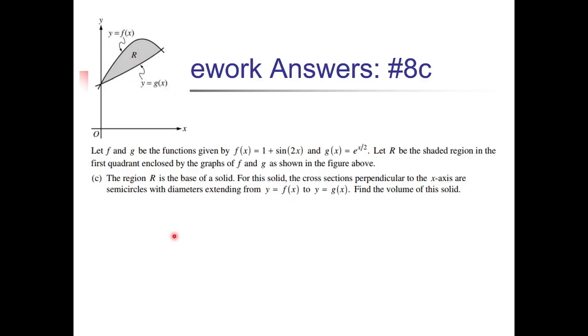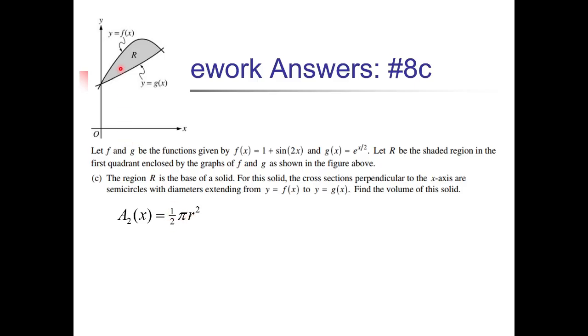So for my area, since we're dealing with semicircles, the area of a whole circle would be pi r squared, so we need 1/2 pi r squared. I'm going to call this a sub 2 of x equals 1/2 pi r squared. And the only thing we really need to put in terms of x is this radius. Now we do need to be careful.